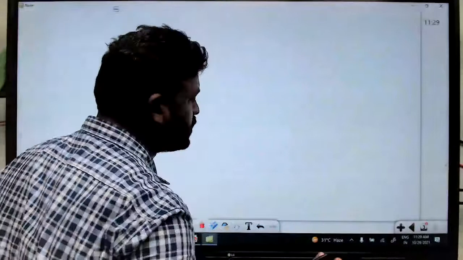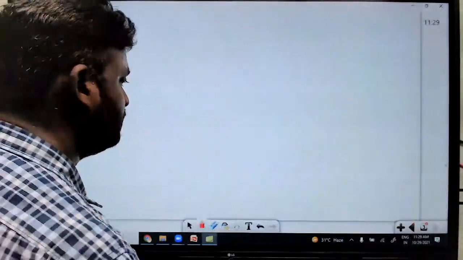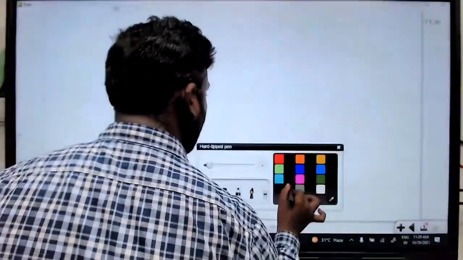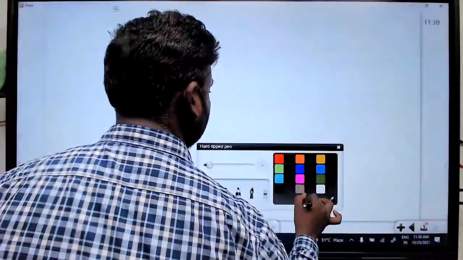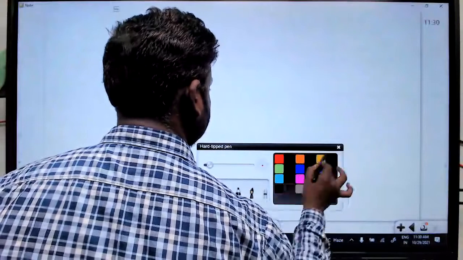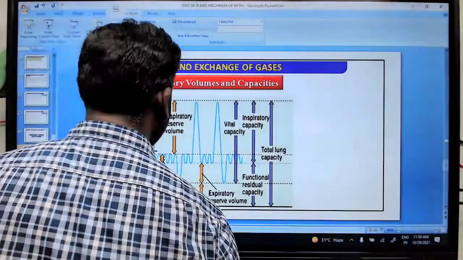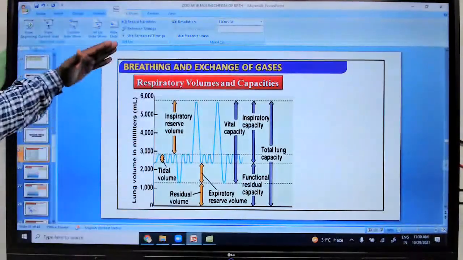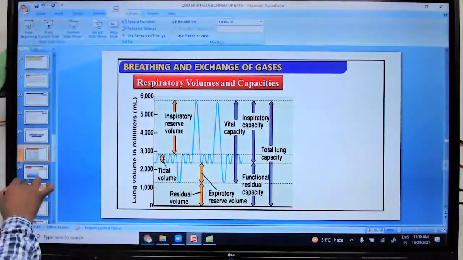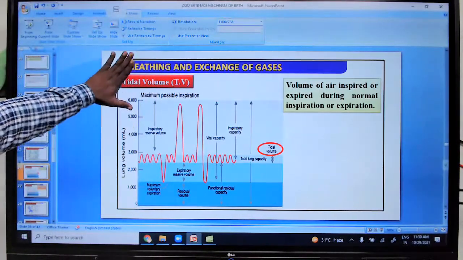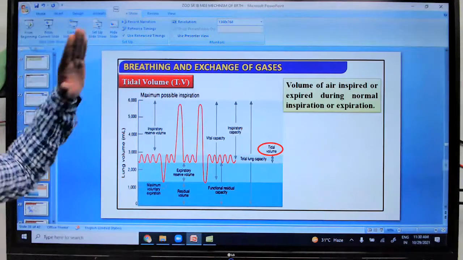So before that, we have to draw the diagram. Same diagram that I'm drawing here. Here you can see that these are the lung values we have to find out, up to 6,000.